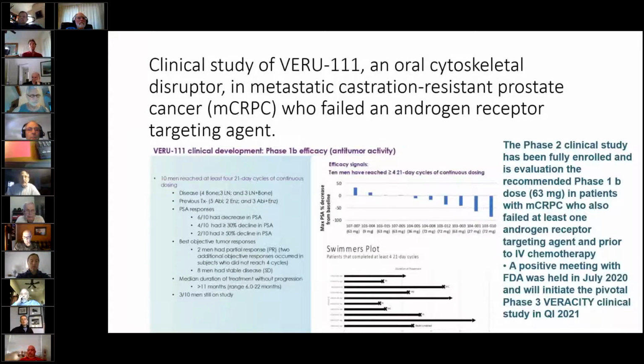Okay, here's one, Len, maybe you could talk about this one. Okay, so Herb and I both like this a lot. This is a taxane, but it's not docetaxel, it's not cabazitaxel. It's a different structure, and it's a chemotherapy.